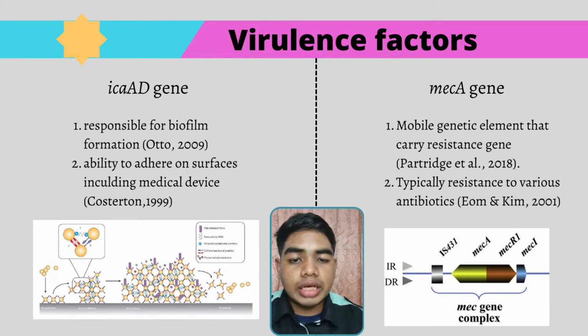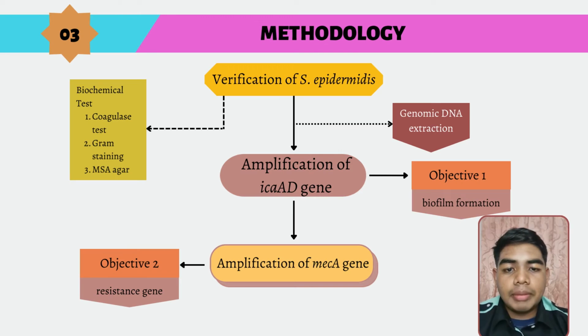The third step, it undergoes maturation to form structure, and the final step is dispersion of individual cells to another surface. Next is the mecA gene, which is the mobile genetic carrier resistance gene, and is typically resistant to various antibiotics such as beta-lactam.